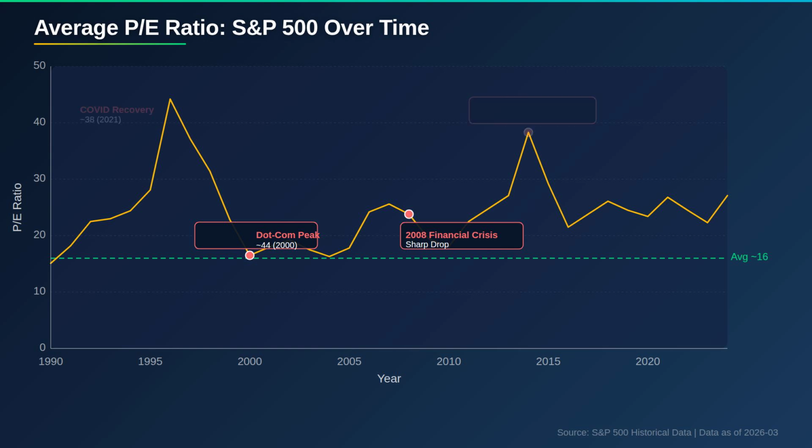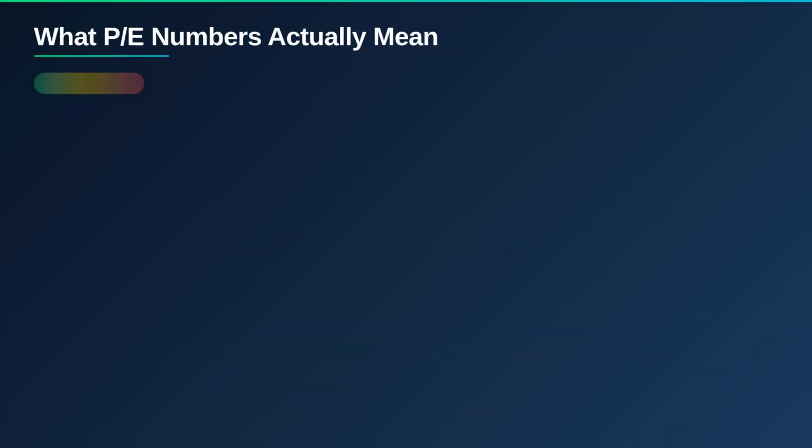It dropped sharply during the 2008 financial crisis, and it surged again during the pandemic recovery. This chart shows why PE ratio alone isn't a perfect crystal ball, but understanding where we are relative to history gives investors important context. Marcus used this chart to understand that timing and market cycles matter.